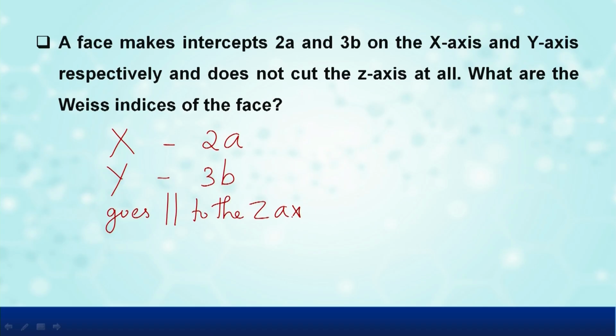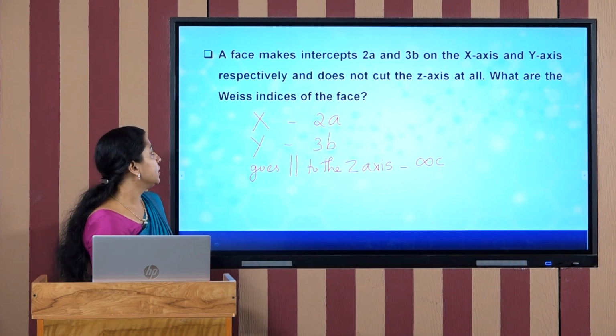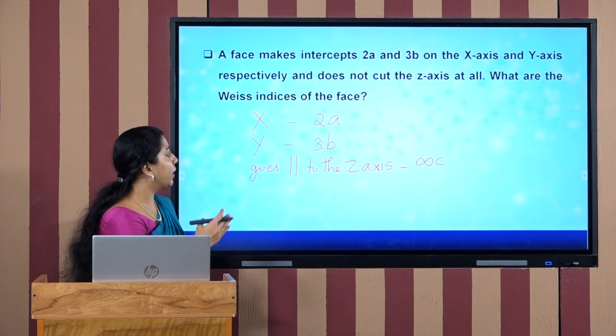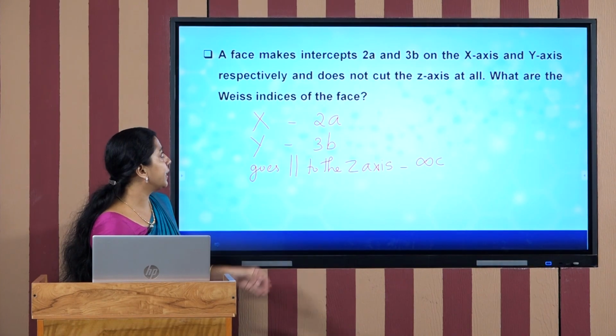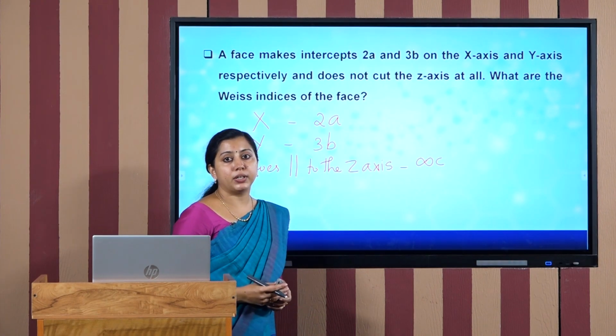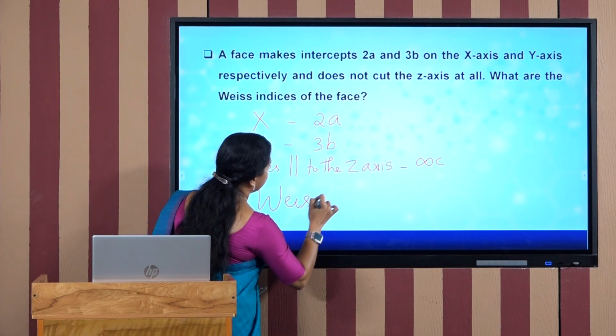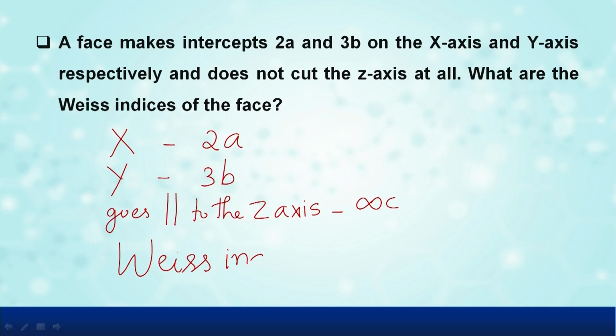Parallel to the z-axis means the intercept will never touch the z-axis, so that can be treated as infinity. So, the coefficient of c will be infinity. Weiss indices are nothing but the coefficients of the intercepts, so that will be 2, 3 and infinity.